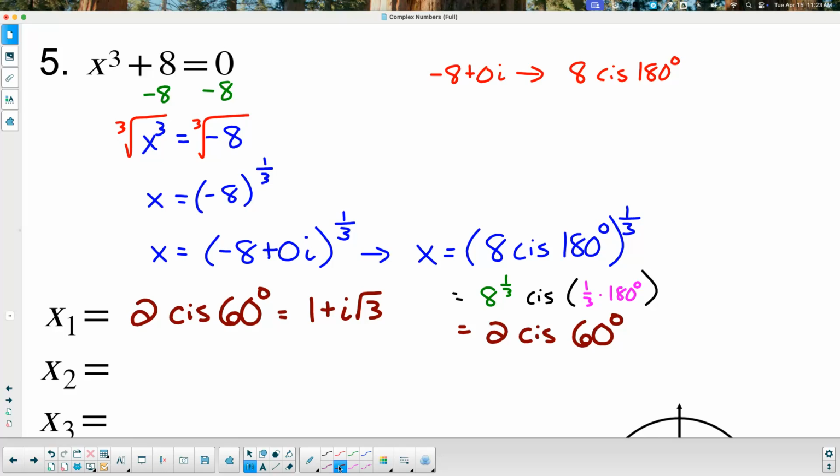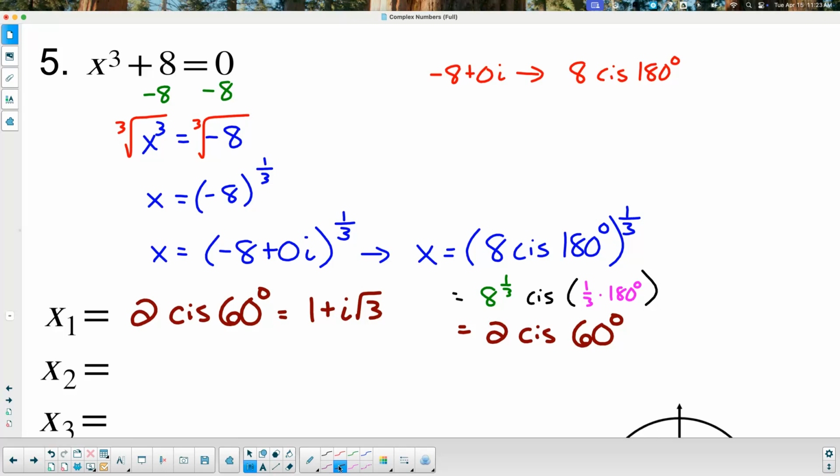Do you agree with me on that? Cosine of 60 degrees is positive 1/2. Sine of 60 degrees is positive root 3 over 2. 1/2 times 2 is 1. Root 3 over 2 times 2 is root 3. Okay?